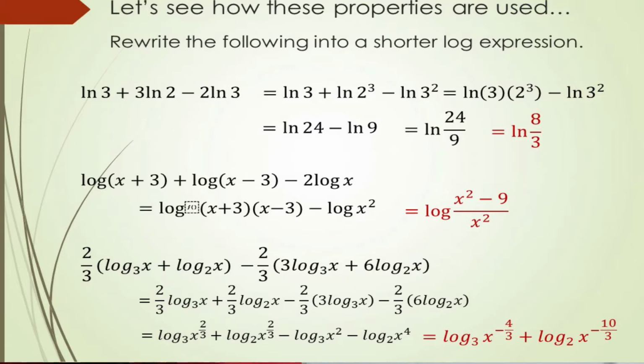So kinonvert yung 2 log x into log x squared, by applying the properties of logarithm. And since addition, when it's addition, we need to multiply. So magiging log x plus 3 multiplied by x minus 3, minus log x squared.